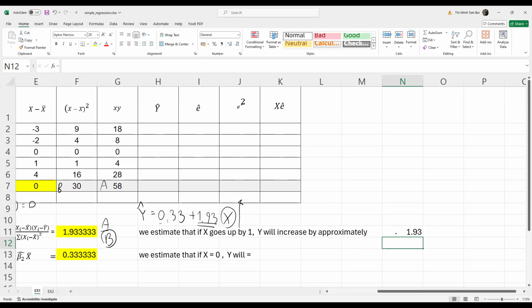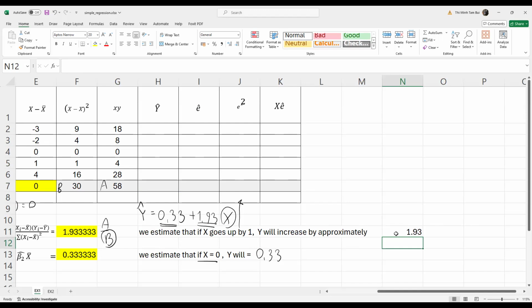How about this number? This number means if X equals 0, Y will equal 0.33, the intercept. So this is the meaning of intercept and slope.